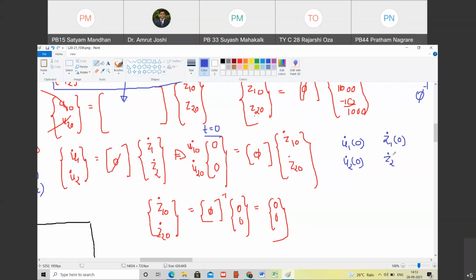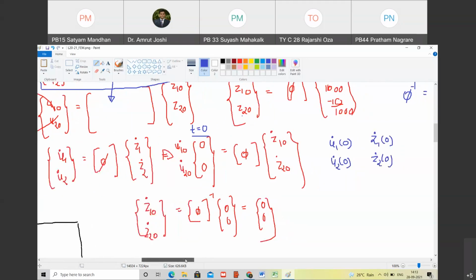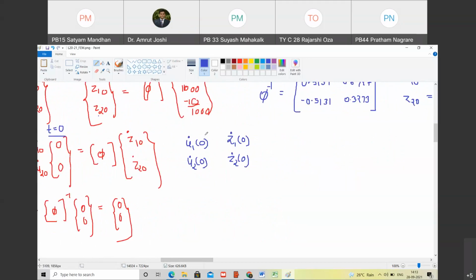Do you agree with me? Yes, sir. By notation, what do we call u1 dot of 0? This is called u10 dot. Happy? Yes, sir. Then this is called u20 dot.